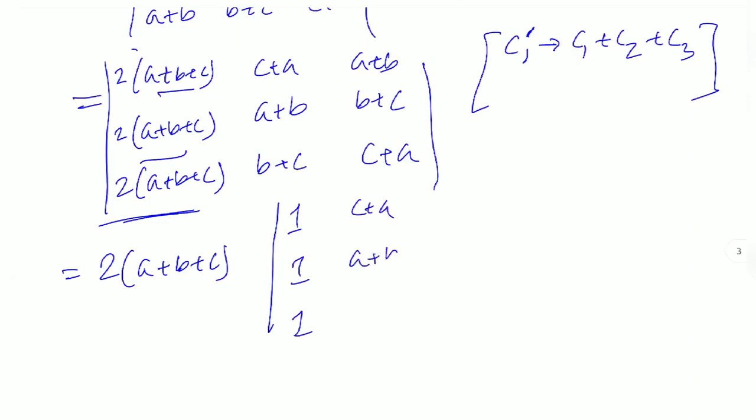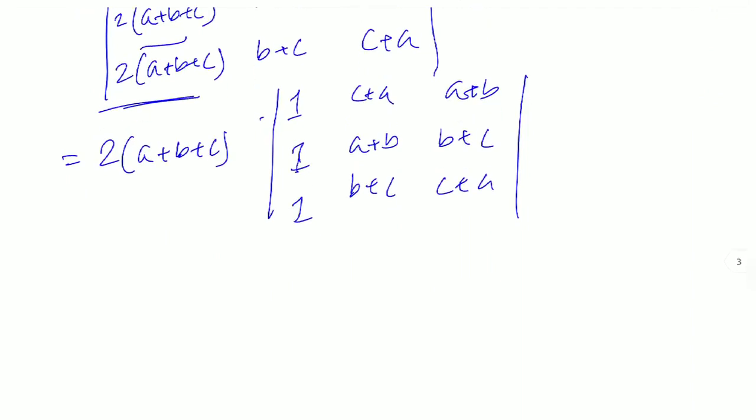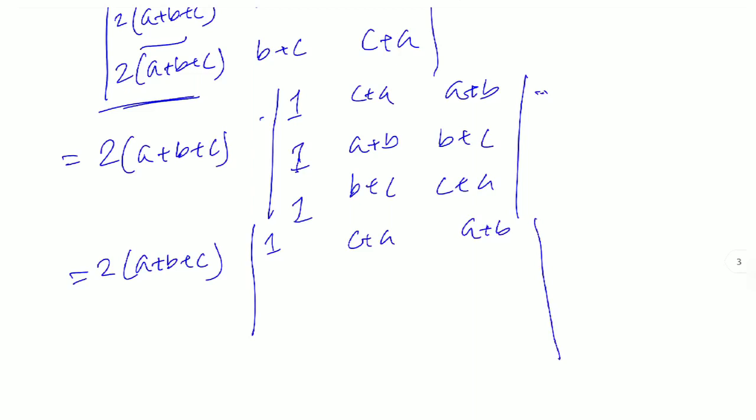Whenever and wherever in any determinant problems, if you are having a column with all the elements as 1, then what you need to do is keep one row as constant and just subtract that constant row from the other consecutive rows. So take this 2 into (a plus b plus c) and keep this 1, c plus a and a plus b as constant.